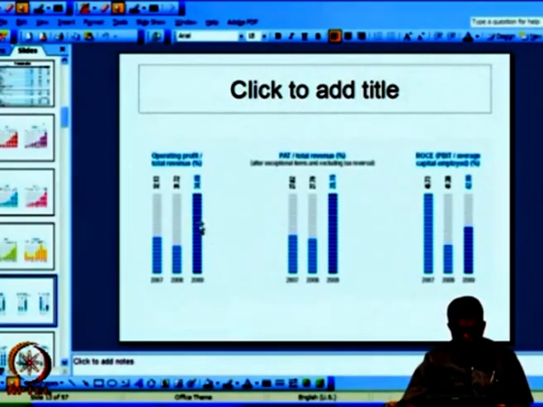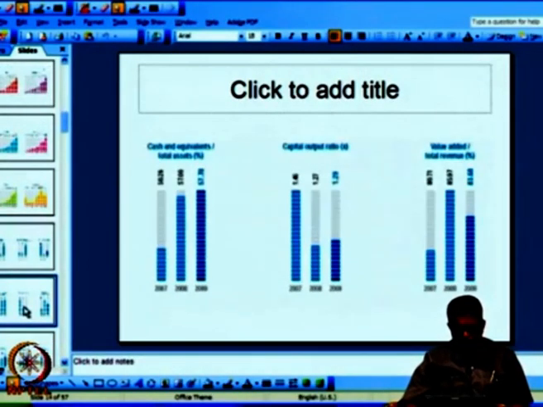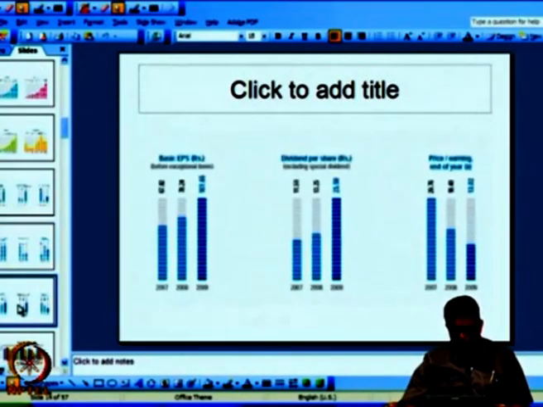Then the operating profit to total revenue has again gone up, then the profit after tax to total revenue, then the return on capital employed, how has it gone up? This is reflected here. Then this slide gives you the cash and equivalents to total assets, then the capital total output ratio, then the value added per total revenue in percentage.